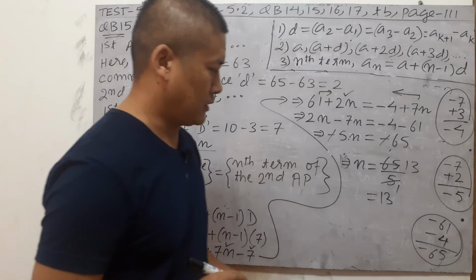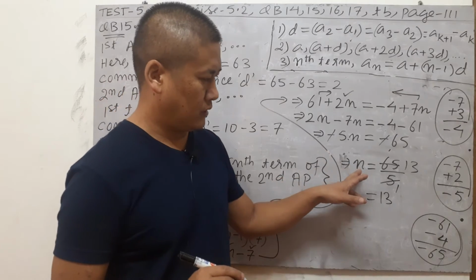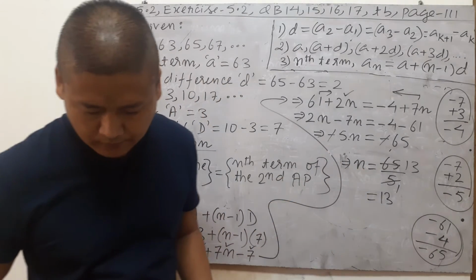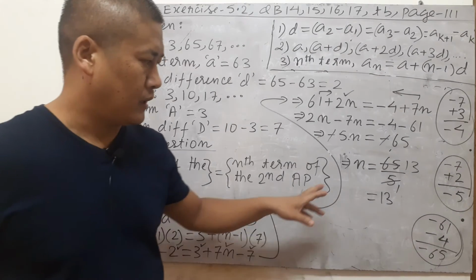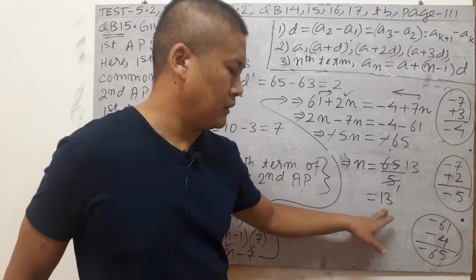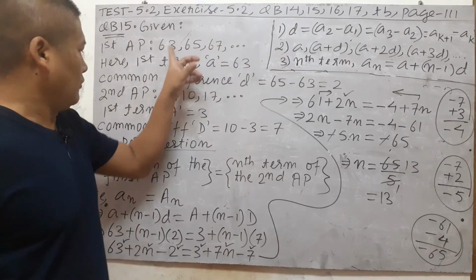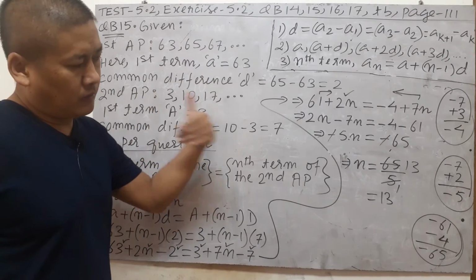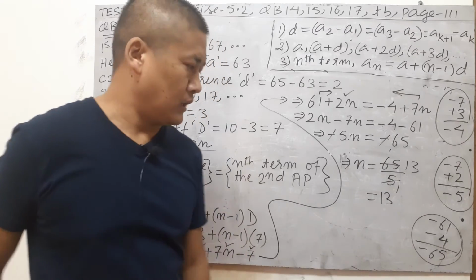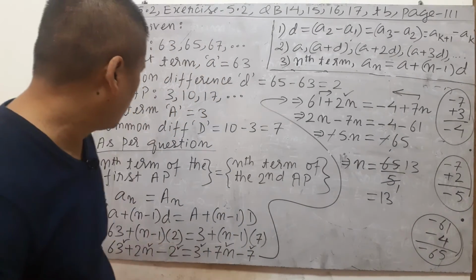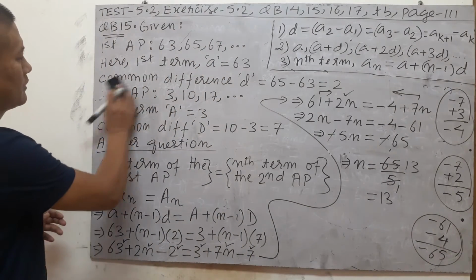So n is 13, the total number of terms. For what value of n will the nth terms of the two APs be equal? The value of n must be 13 for these two different APs to have the same value in the nth term. Okay, so here you can write the final answer.